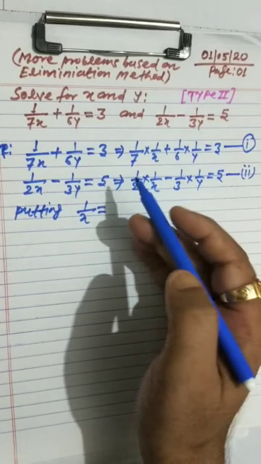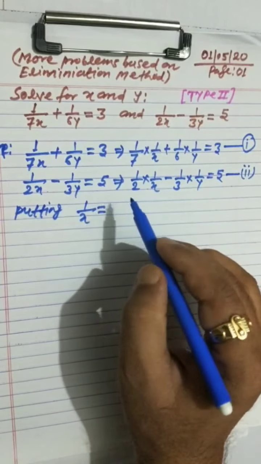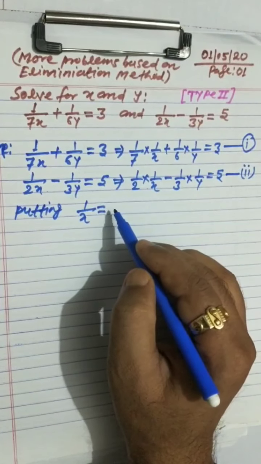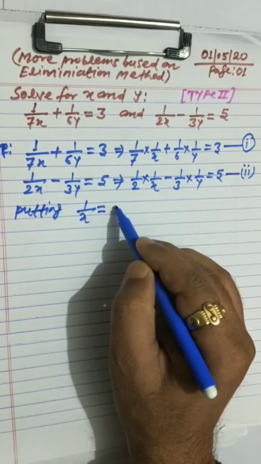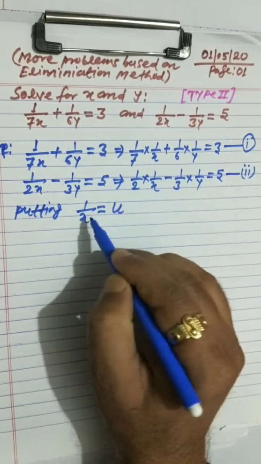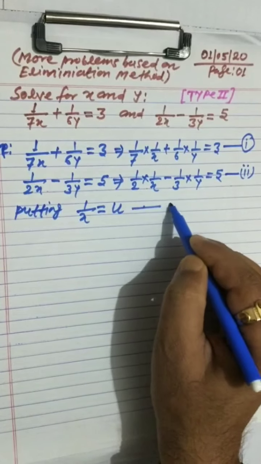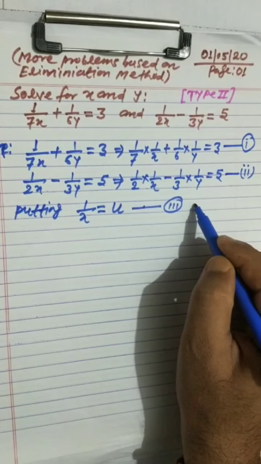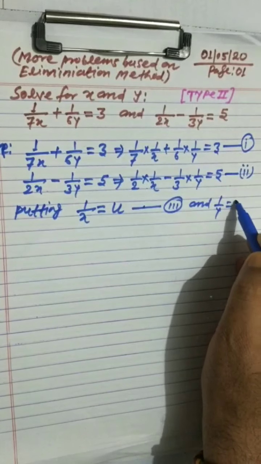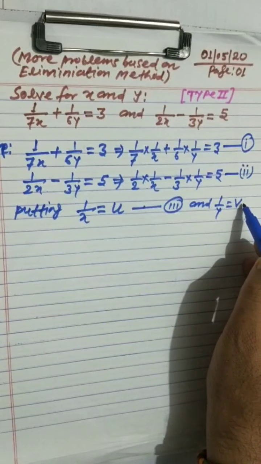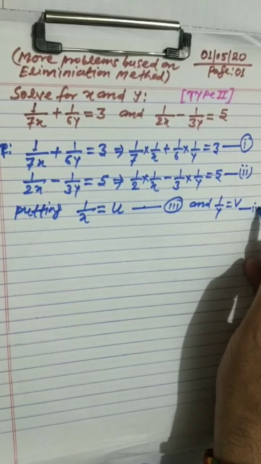You can let it be any letter of the English alphabet. So let us suppose it as u, and this will be equation third, and 1 by y as v. This will be equation fourth.